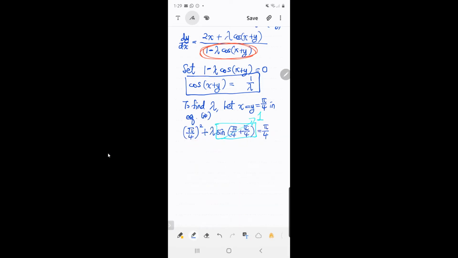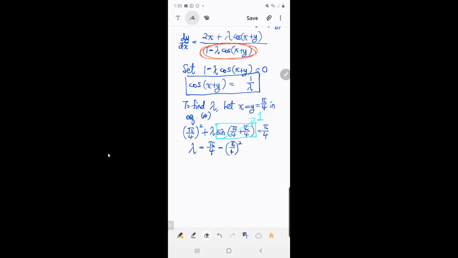So therefore, you have pi over 4 equals pi over 4 minus pi over 4 in the bracket squared, plus lambda. So in this case, you can see that this is equal to a value pi over 4, and this is 1 minus pi over 4.